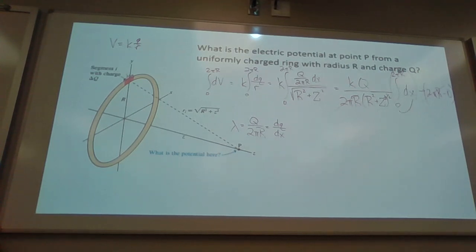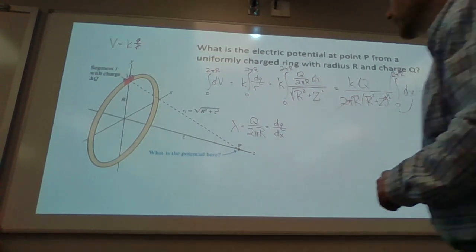Since you don't actually have to do the actual integral for that, I was going to say, could we just plug in, since the radius is fixed? Yes, you could do that.